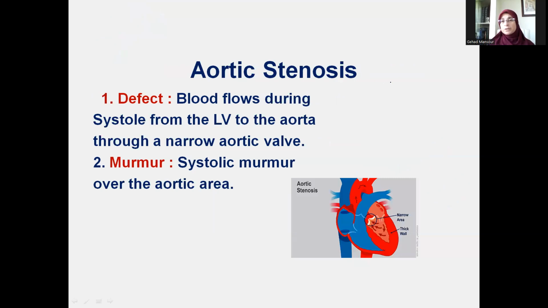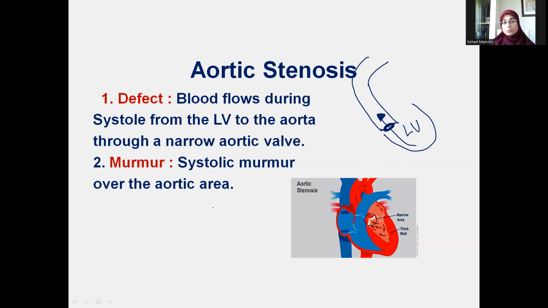In case of aortic stenosis, you will have the left ventricle trying to pump the blood into the aorta, but the problem is that the aortic valve will be stenotic or narrow, and therefore, while the left ventricle is trying to pump blood during systole into the aorta, it's passing through a narrower orifice.